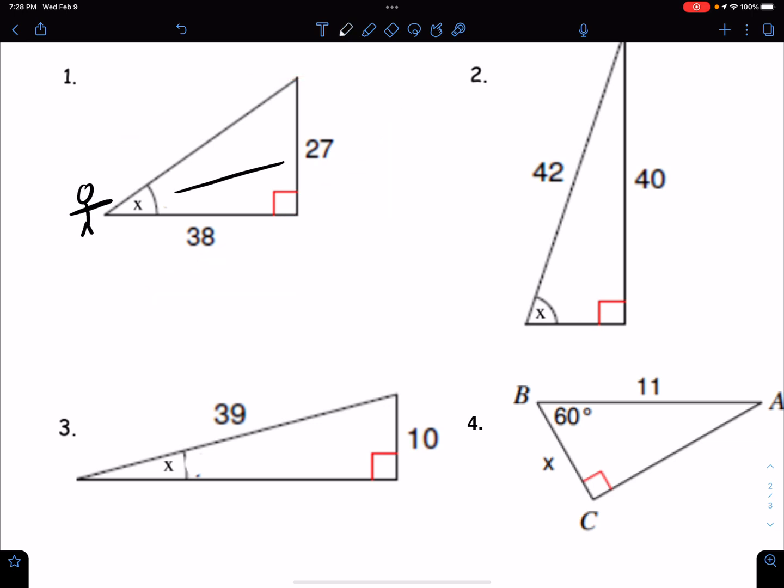I'm going to look out, and I see I have an opposite side and an adjacent side. So this tells me, since I'm trying to find the angle, it's going to be the inverse of the opposite side over the adjacent side. Okay, so let's see what that gives us.